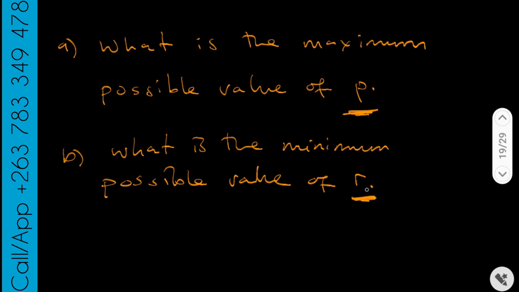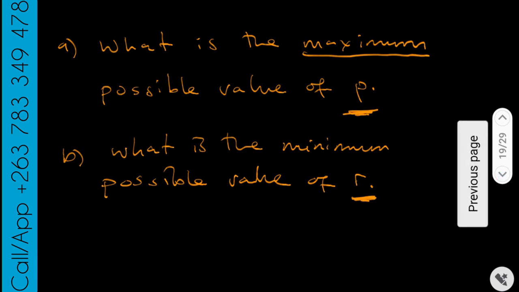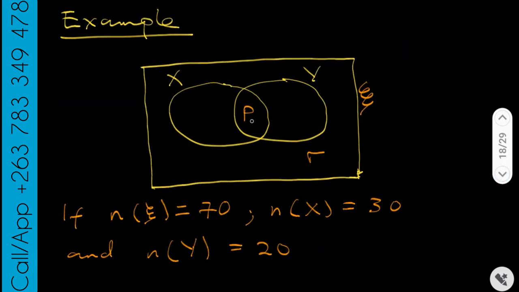So let's start off with P. For P, we're exploring the maximum value. What's the largest number that P can be? Now, the first thing we need to look at are the constraints. What are the limits of what P can be? The limits are the sets X and Y. The set X can hold up to 30, and the set Y can only hold up to 20.